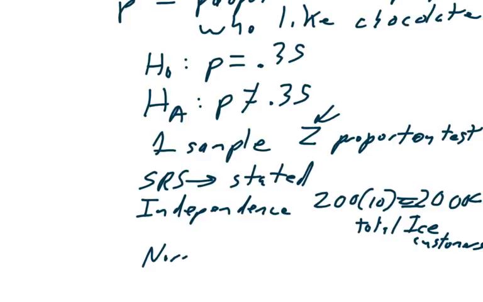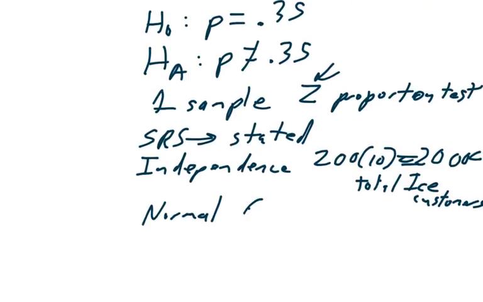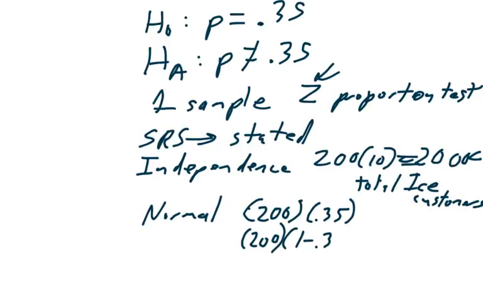And for normality, we're going to use 200 times 0.35 and 200 times 1 minus 0.35 to see what happens. So this one's 70 and this one's 130, and both of these are bigger than 10, so we got our normality.